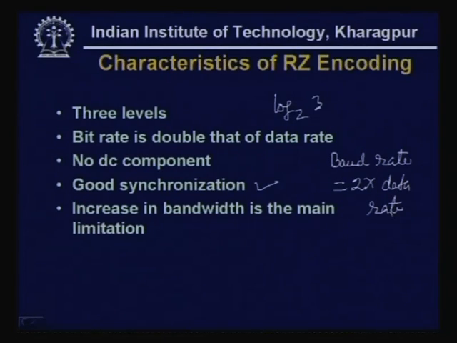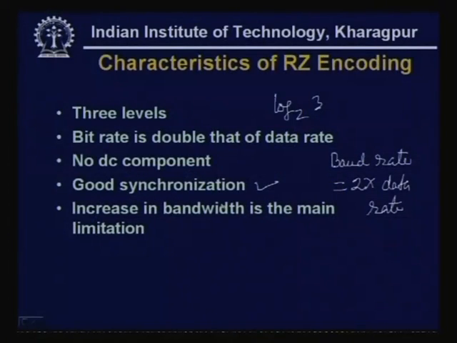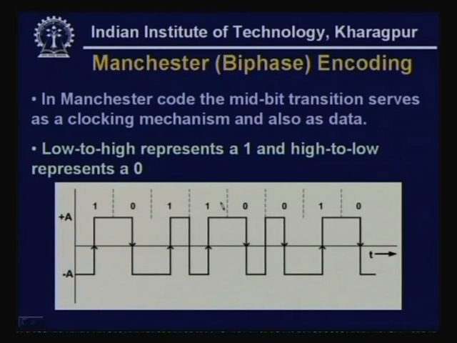The baud rate is the data rate multiplied by 2, and as a consequence RZ encoding is good from the viewpoint of synchronization, but bad from the viewpoint of bandwidth requirement. Let us see how we can go for a better scheme, how we can make it a little better.